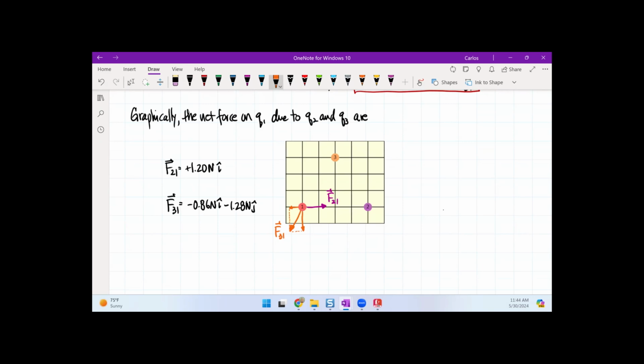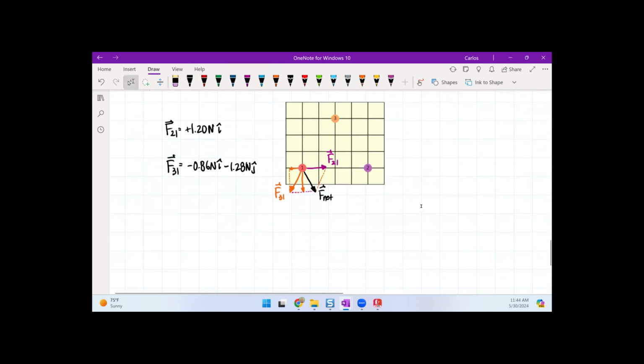If I do the parallelogram rule here, I have to look at something like this, and you could see here that this is the net force right there. So that looks like it goes right into the fourth quadrant.